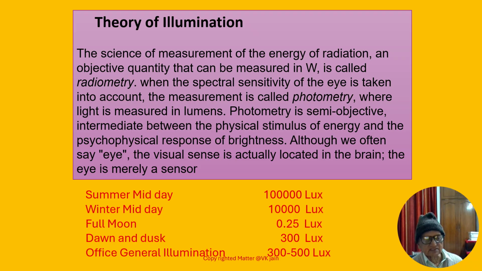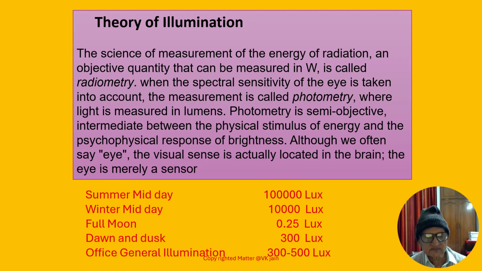On summer midday, we have about 1 lakh lux of illumination, and that reduces in winter midday to 10,000 only. It gets reduced sharply during full moon, either in summer or winter.